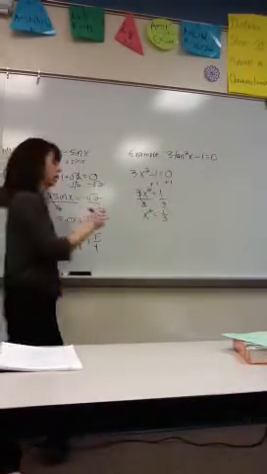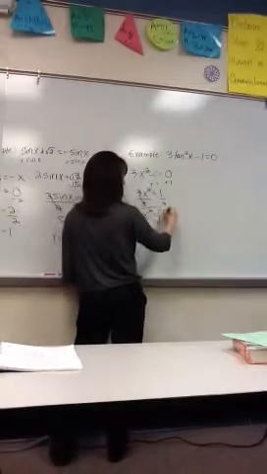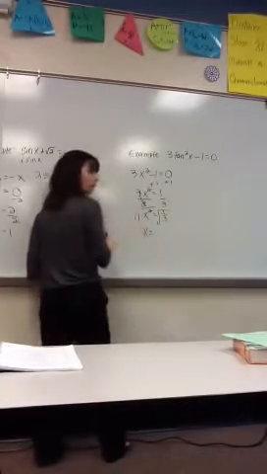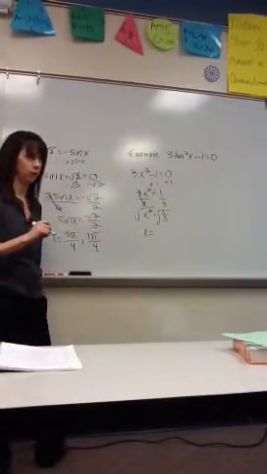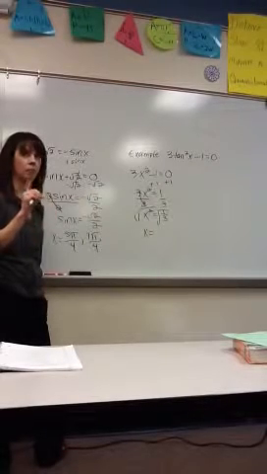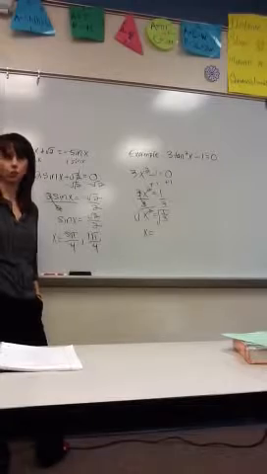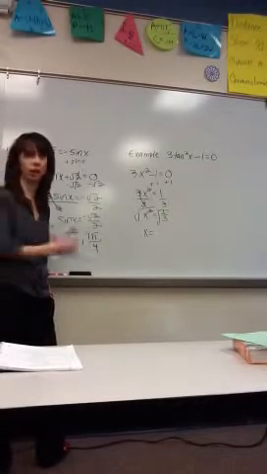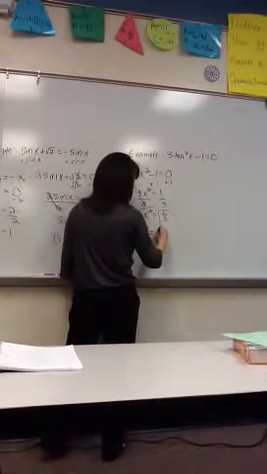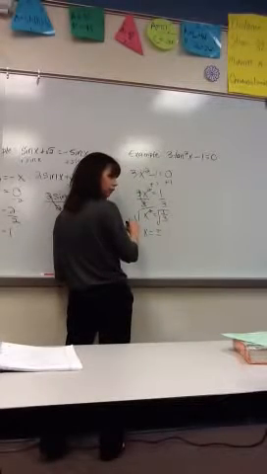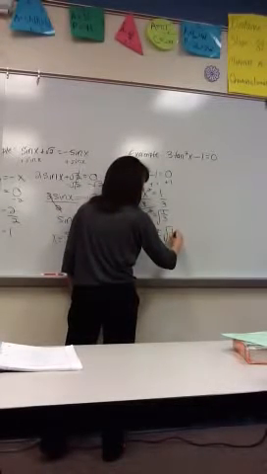Square root. And this is the thing you've got to be careful with. When you take the square root of this, x is equal to what? We have to remember that when you take the square root, you always get two answers. You get a positive answer and a negative answer. So this is the same thing as positive and negative square root of 1/3.